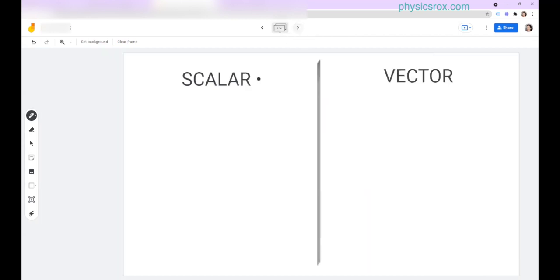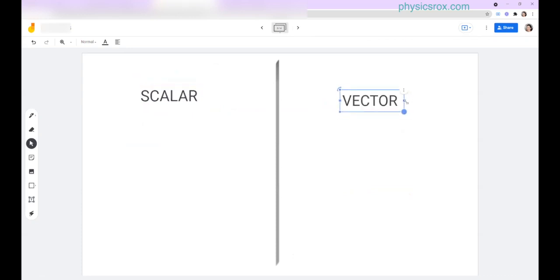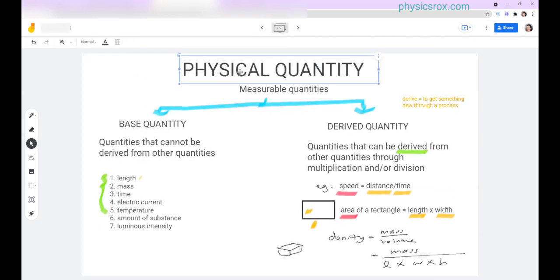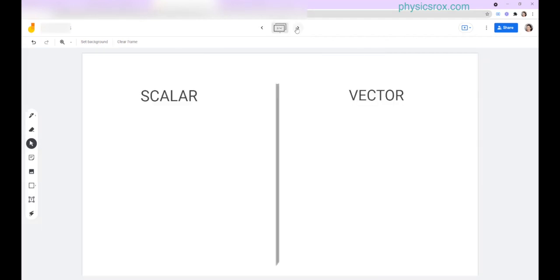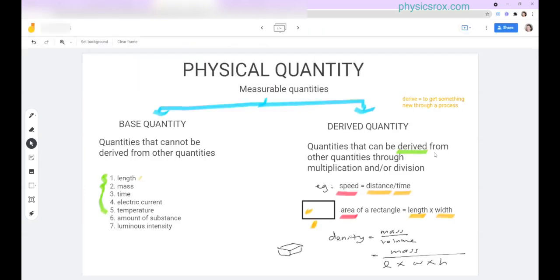So then scalar and vector is different. Scalar and vector is another new set of categories. It's not related to base and derived. It's another way to divide the physical quantities. Imagine the physical quantities that exist in this world are thousands and thousands.